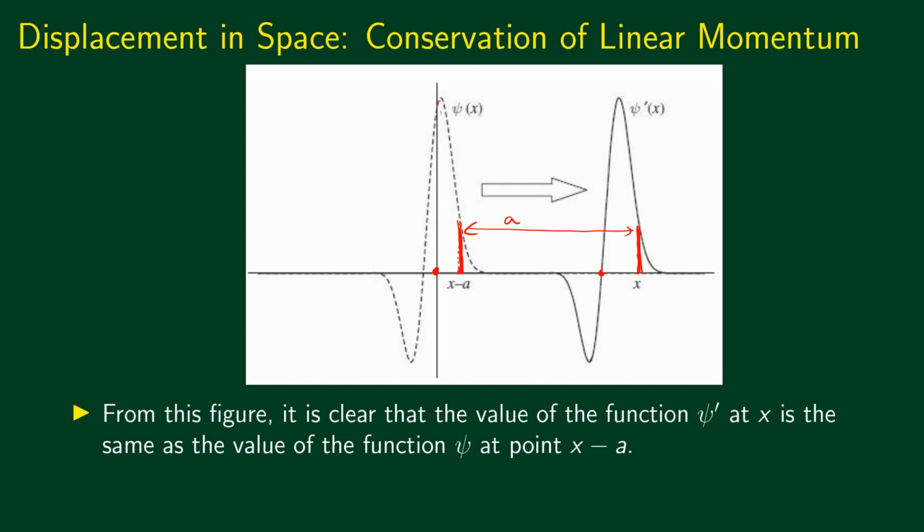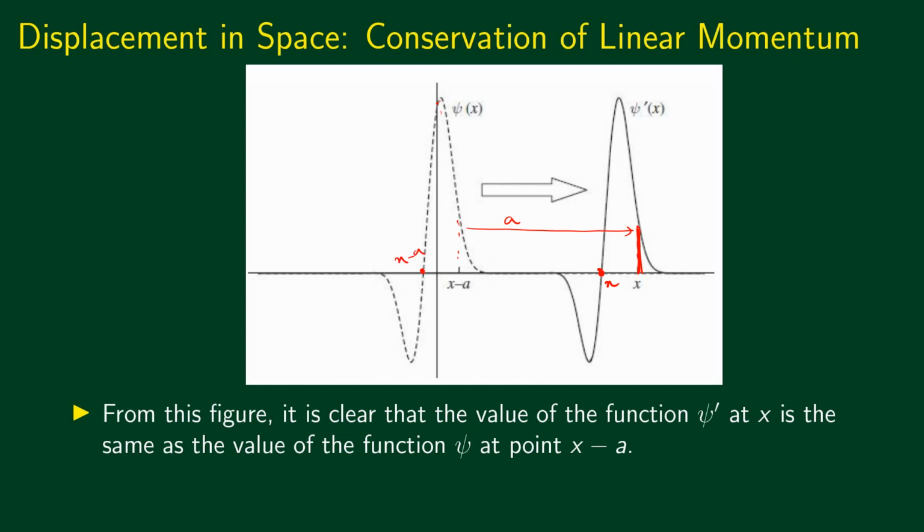So at this point, the value of the translated function psi prime of x is 0. We see that psi of x also has a 0 value at a point corresponding to x minus a. Since this has been translated by a distance a, if you take this point as x, then this point is x minus a.